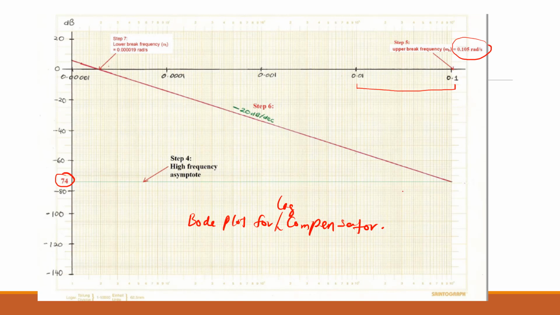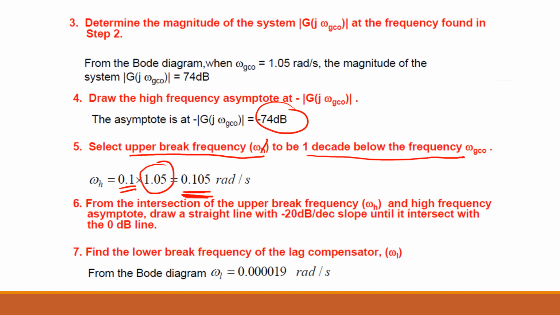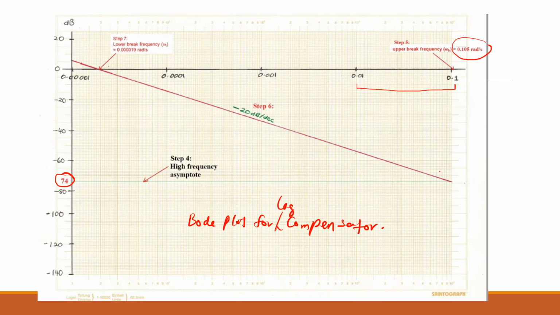Then from the intersection of the upper frequency, we need to draw a straight line of minus 20 dB slope until it intersects with the 0 dB line. So you sketch from the upper break frequency minus 20 dB per decade, somewhere from here to here. This is 74 and this is 64.